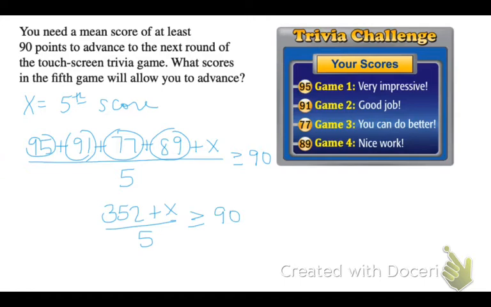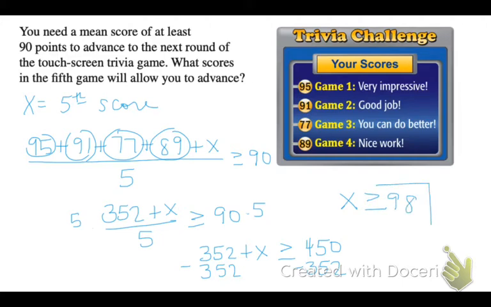So to solve for x, we first have to get rid of the 5. So we first have to undo dividing by 5, and we're dividing by a positive number, so we do not need to reverse the symbol. So then we get this expression, 352 plus x is greater than or equal to, and when you take 90 times 5, I got 450. And then we're subtracting 352 from both sides so that x will be greater than or equal to 98.